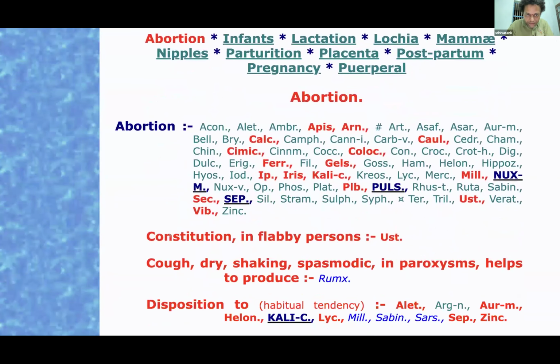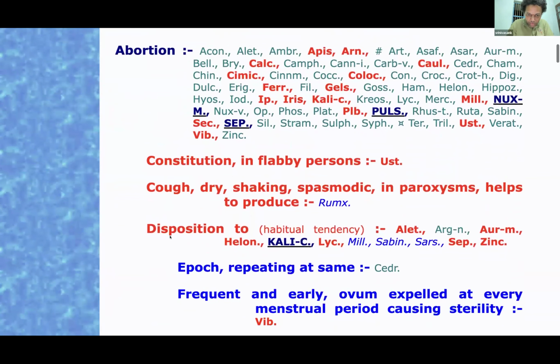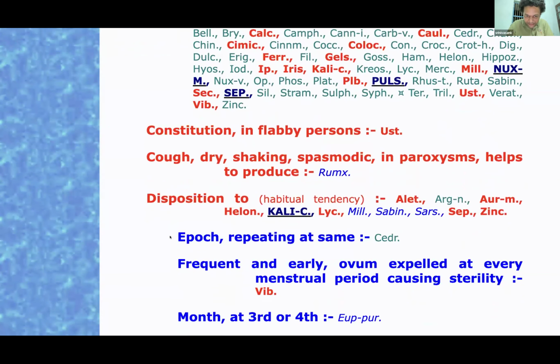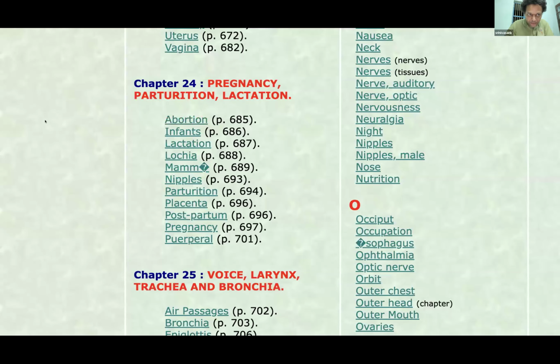It shows rubric abortion, sub-rubric constitution, cough, dry, disposition to, etc., and sub-rubric under that, epoch repeating at same, frequent and early, and all that. So this is the construction of this repertory, this Materia Medica, this website. What are the three major advantages of using this repertory and various chapters? Number one, it contains thousands of single remedy rubrics.